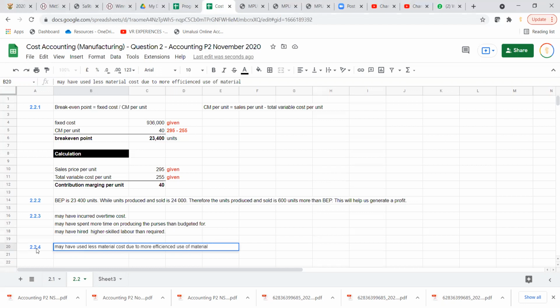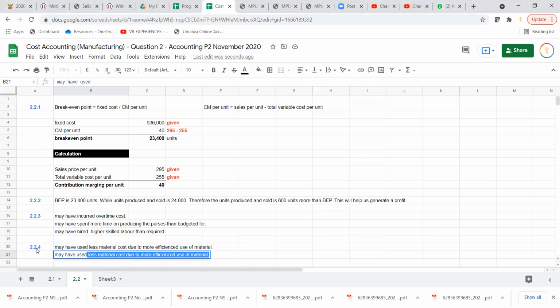If you use material in a more efficient manner, then you would use less material. If you don't use material efficiently, you will use more material. The more material, the higher the cost. The less material, the lower the cost. You may just say, may have used a more advanced cutting process.